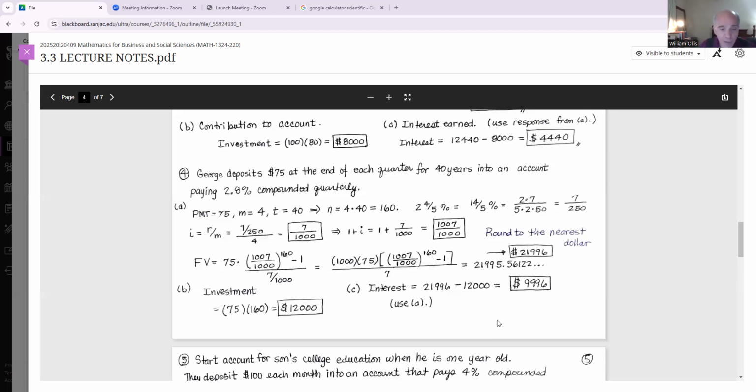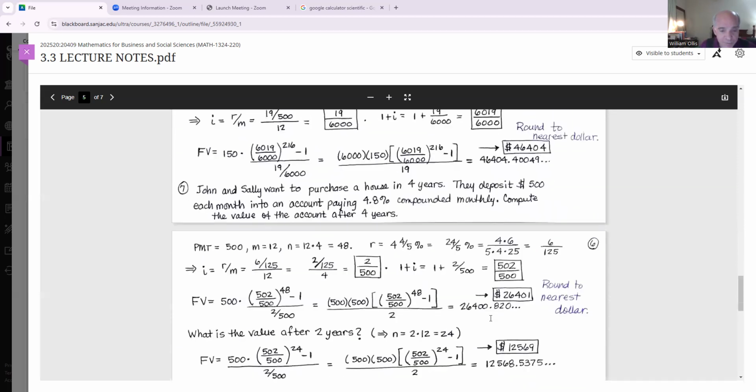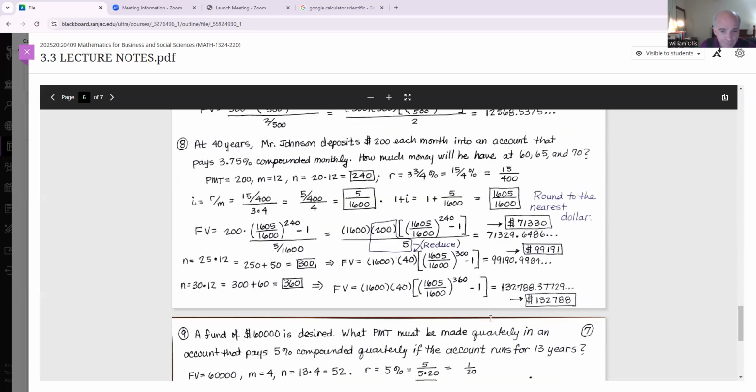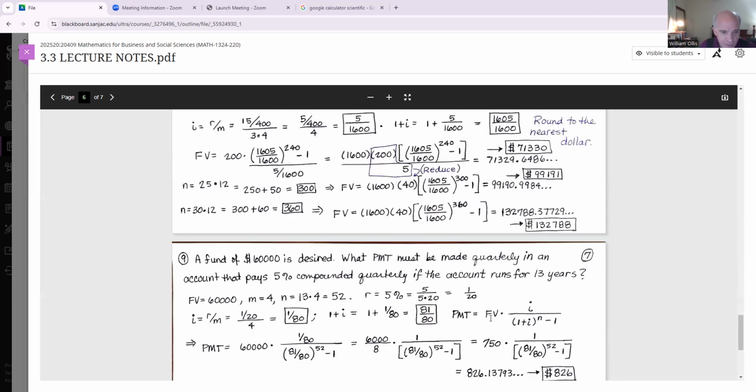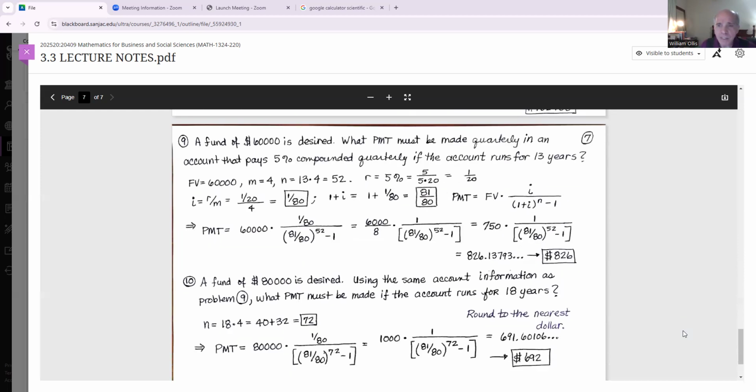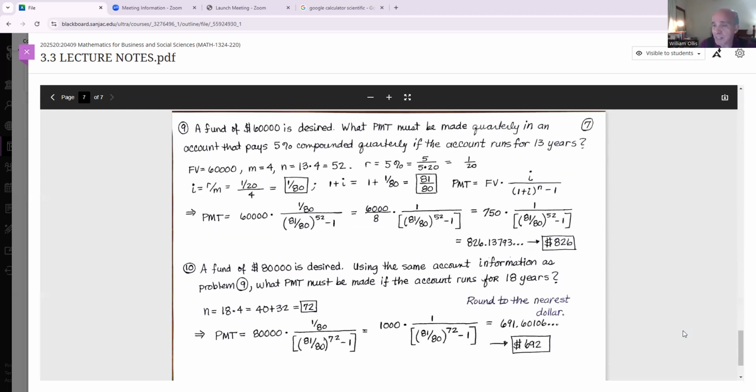Now, there's another example that I wanted to share with you. Let's see, here we go. This is number 9, and then we'll look at some of the examples with the present value.